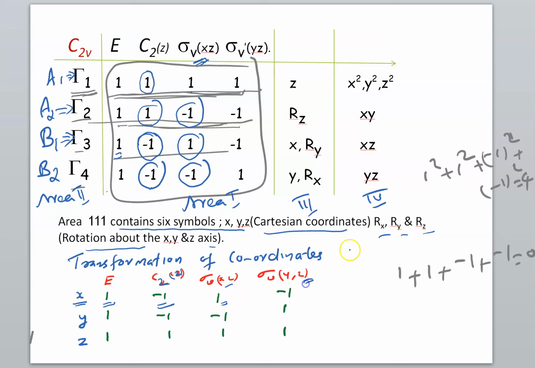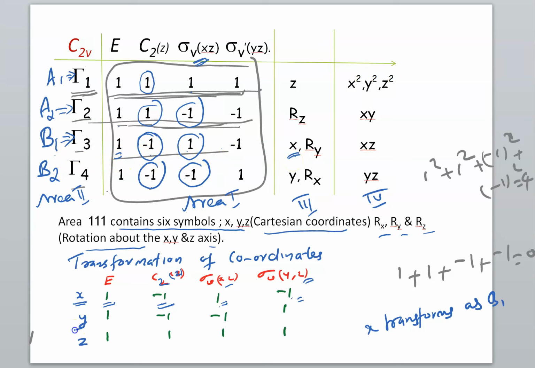Sigma v yz, x becomes minus x, therefore minus 1. That is 1, minus 1, 1, minus 1. That is x. We are saying x transforms as B1. The x coordinate transforms as B1, or the basis for the B1 irreducible representation is x.